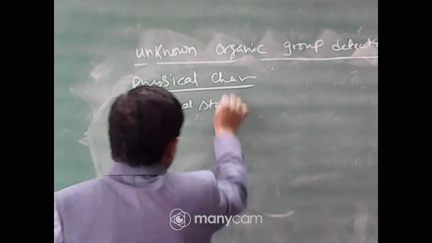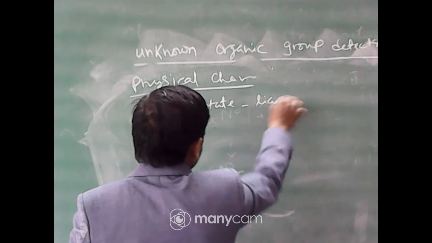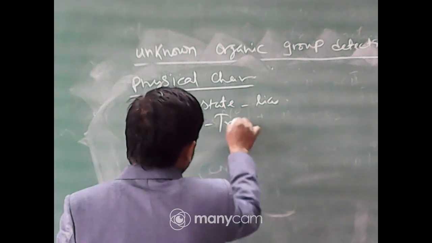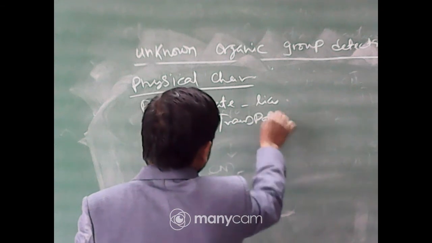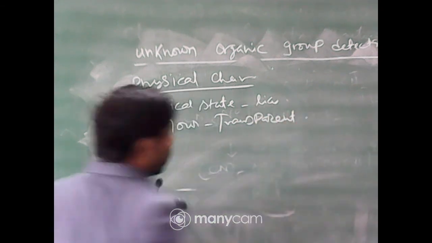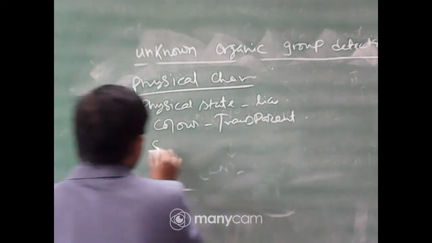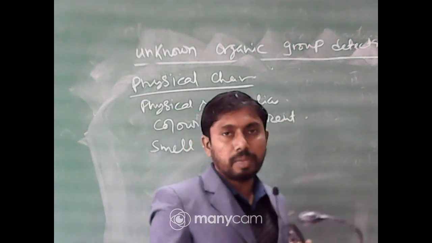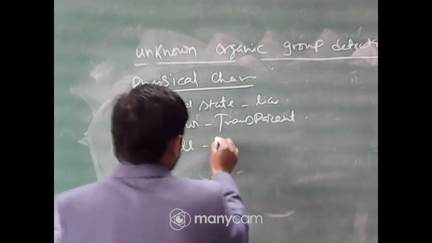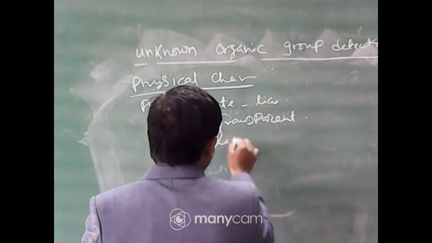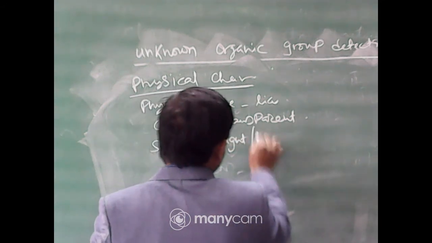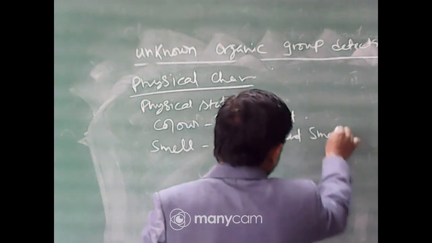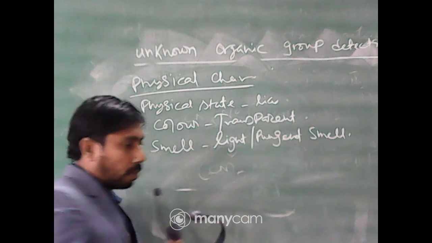State is liquid in form, color transparent or colorless, okay, and smell. Now any kind of smell is there? Yes, there is smell, light or pungent smell, because these have some smell you can write it. Only the points are important.